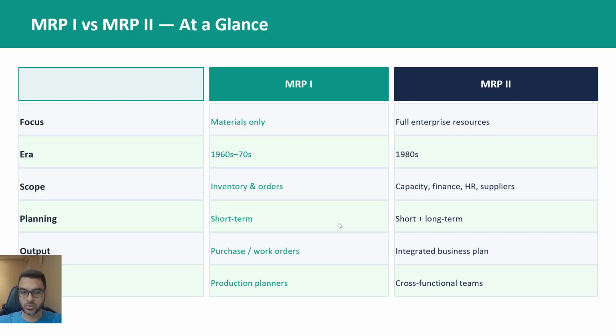MRP I is good to plan for short term, while MRP II can be used for long-term strategy development. The outputs of MRP I are usually purchase orders and work orders, while MRP II gives you full integrated business plan.